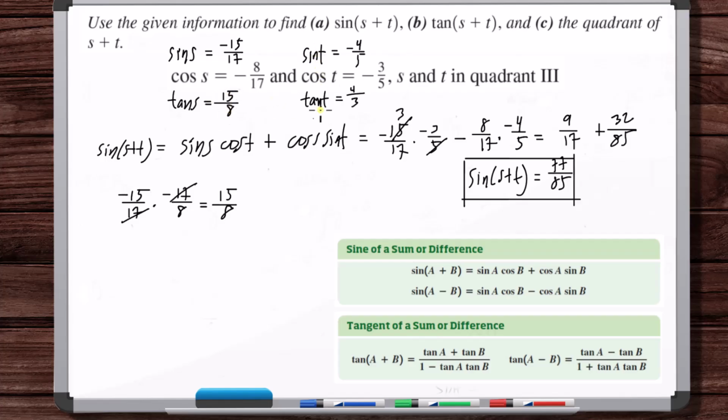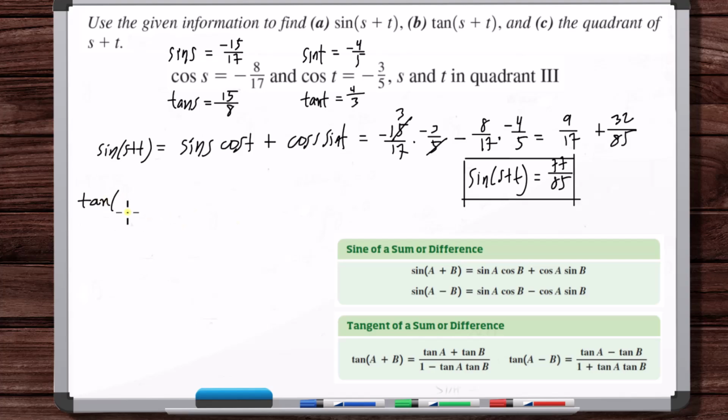All right, now sine t over cosine t, 4/5 times minus 5/3. And that's right, 4/3. So, okay. I had messed up tangent s.